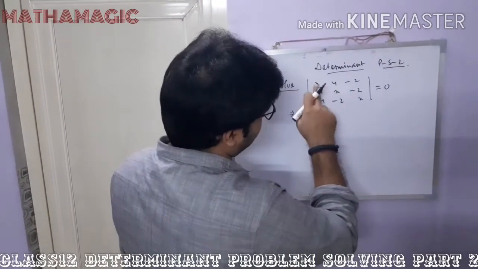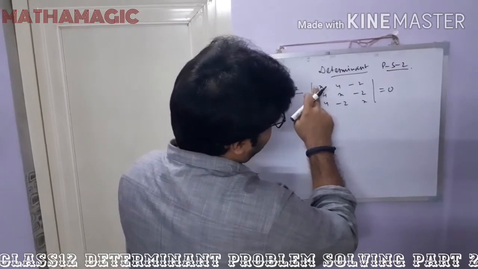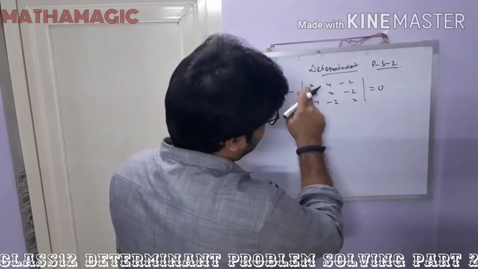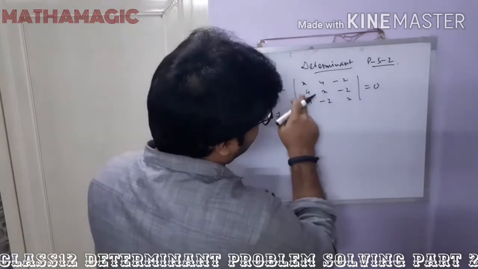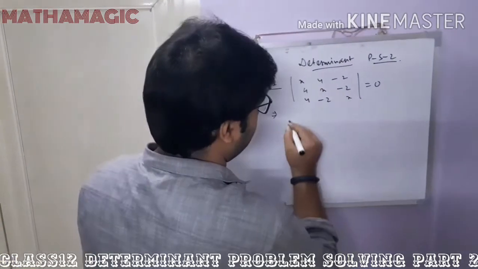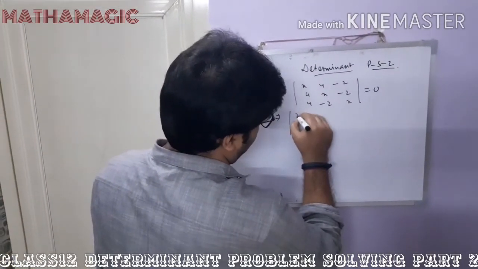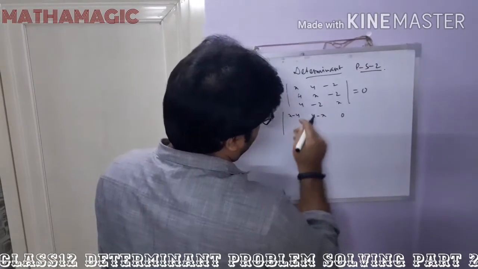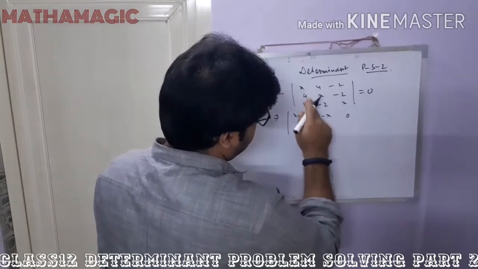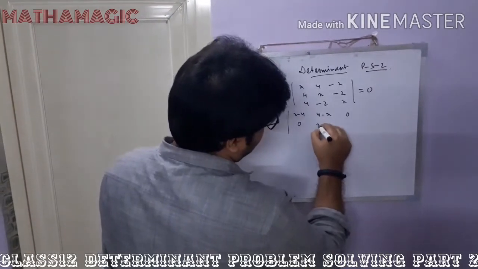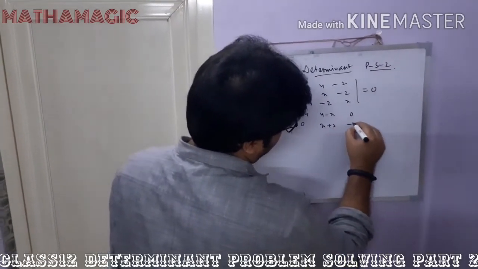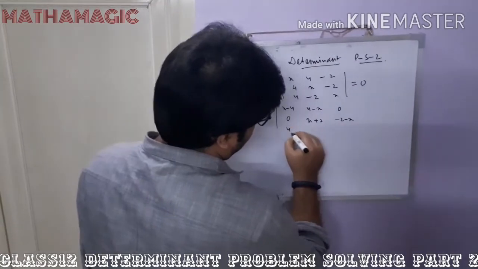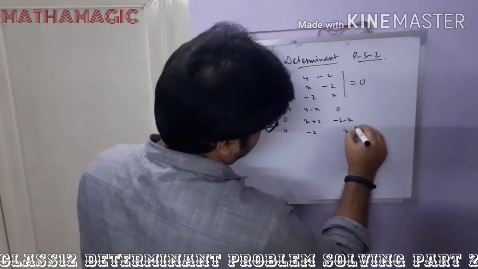By observation we can see that if we subtract the first and the second row, then we'll get x minus 4, 4 minus x and 0. So we'll proceed with that one. And if we subtract the second and third rows, we will get 0, x plus 2, minus x, and the third row remains as it is.